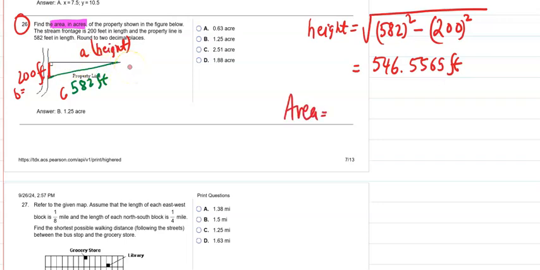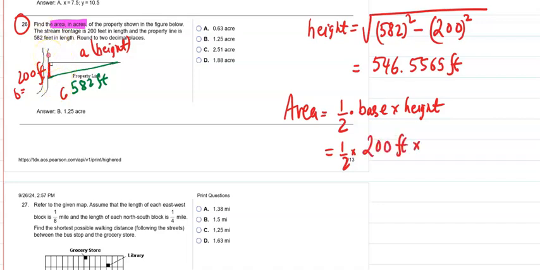The area of the triangle. Remember that this property is triangular. So the area is half times base times height. Okay, that's the formula. The base here is the stream frontage, which is 200 feet, times the height we just found, 546.5565 feet.